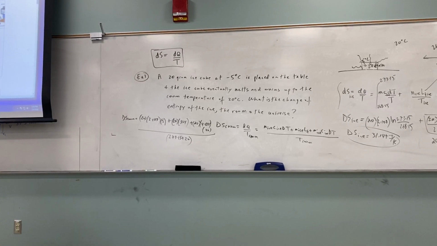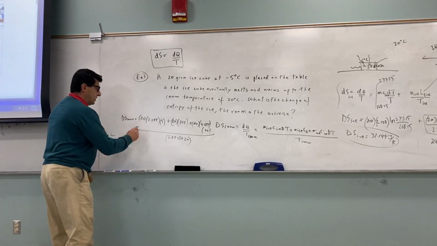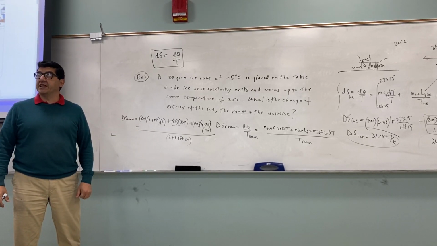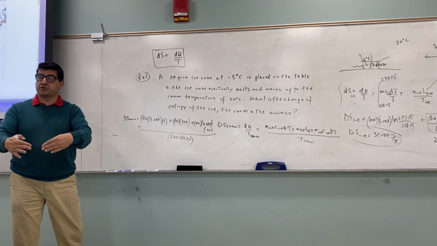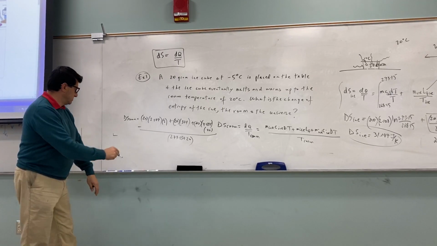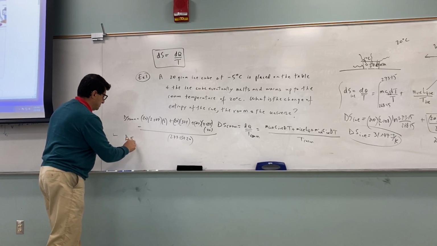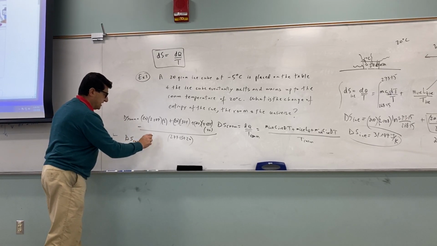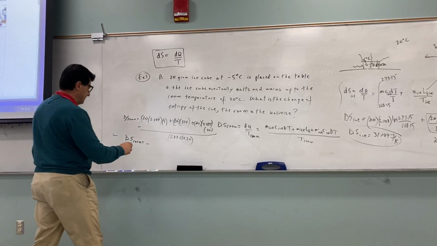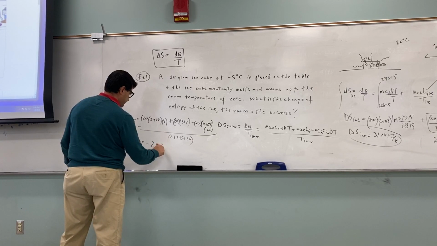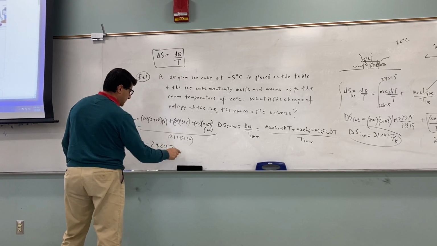Okay, and now of course I'm going to put a negative in the front. Why? Because the room is losing entropy. The room is giving away heat. So the entropy of the room is going down. Negative, I got 29.215 joule per Kelvin.